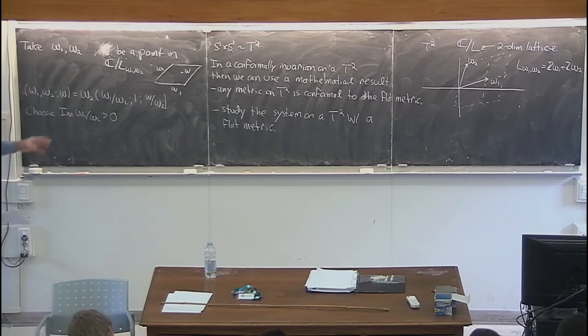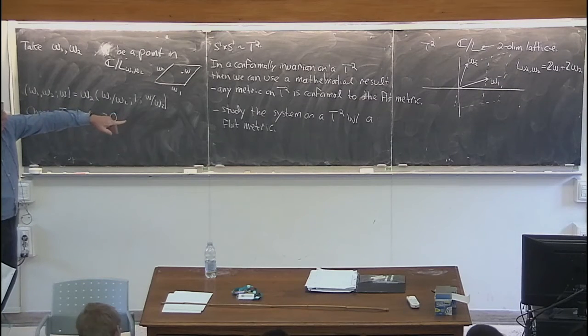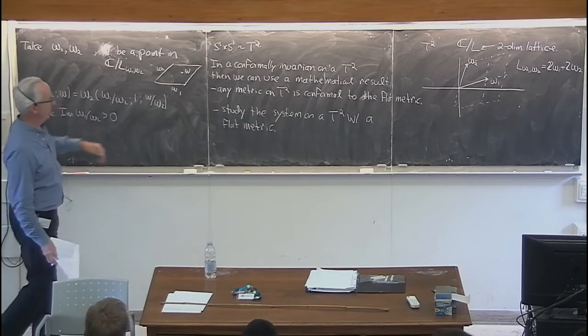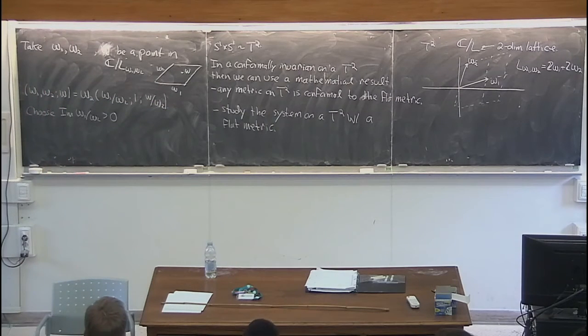If it wasn't, I could just change the roles of omega 1 and omega 2, or basically it's a question of choosing an orientation for that two-dimensional torus that I get by quotienting out the complex plane by the lattice, so I can always make this choice.